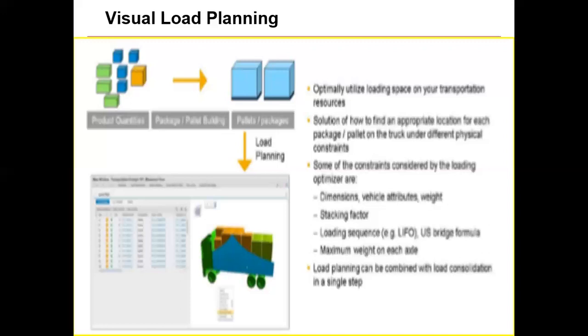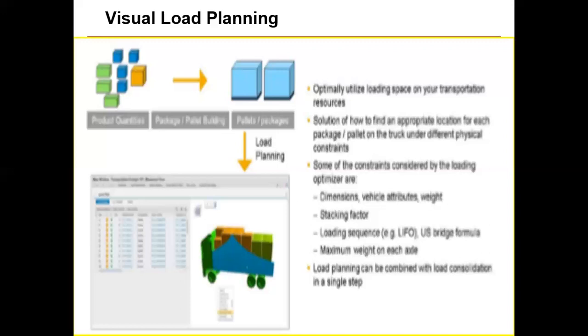Or the US bridge formula is also very important for the stacking or loading process. And what will be the maximum weight for each axle? Each axle means rows. So for each row of the particular stacking on the vehicle, we have to decide the maximum weight so that there is load balancing during the physical movements of the goods.